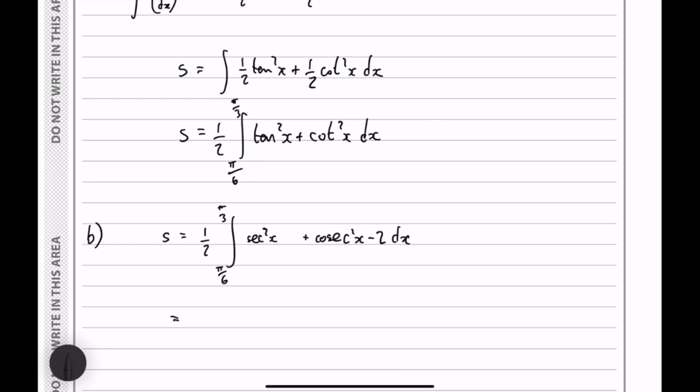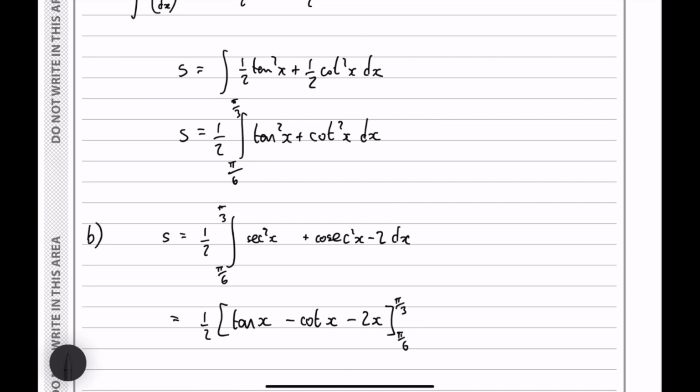Now secant squared, if we integrate that, we get tan, sorry, not tan squared, just tan. And if we integrate cosecant squared, we get negative cot. And negative 2, of course, gives us negative 2x. Pi by 6, pi by 3.